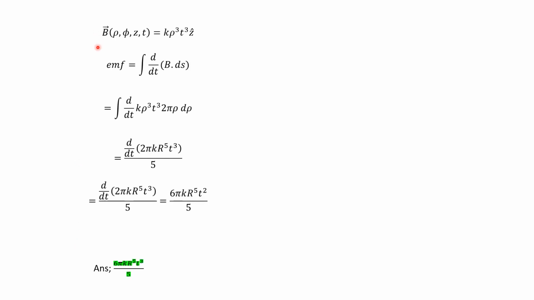So as given in the question, the magnetic field B is equal to k rho cube t cube z cap, and we know that EMF is equal to d phi by dt, and again phi is equal to B dot ds.